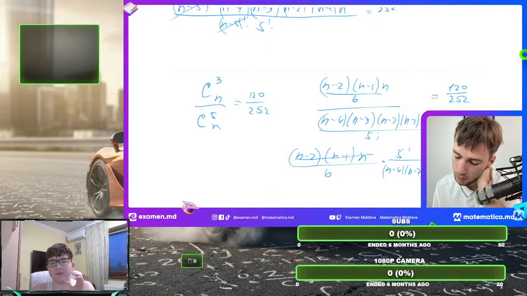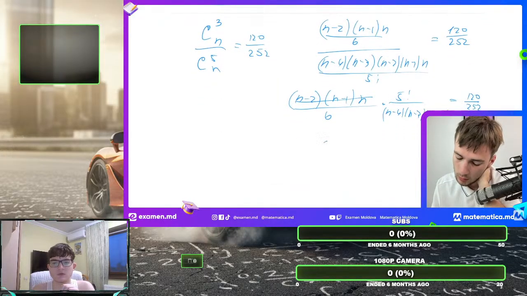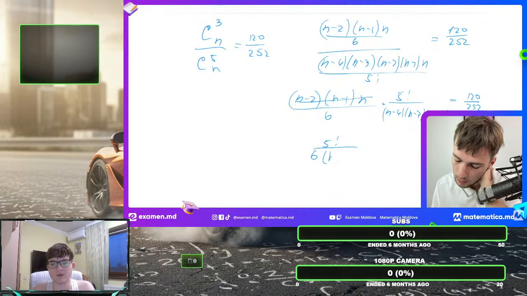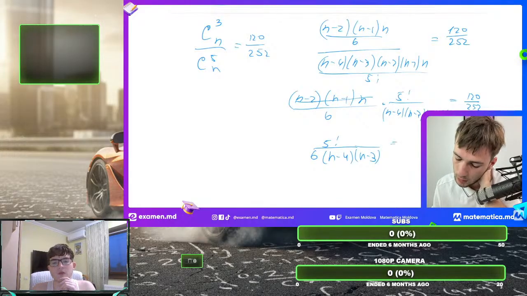Bruv, I learned this in physics, how to flip these fractions. So I see it's crossed like this, so we simplify this. So we're gonna have just the rest of the stuff. This and this and this. Okay.